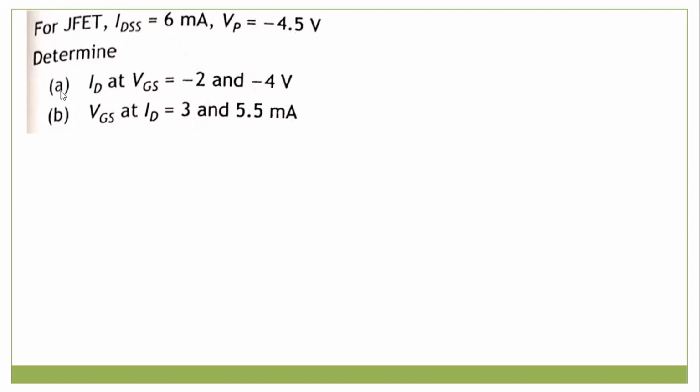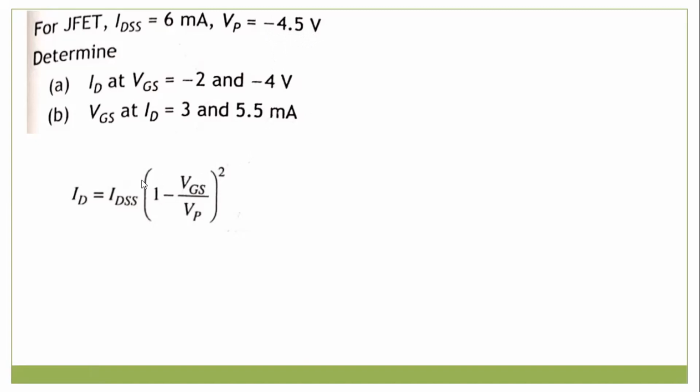First, I will proceed with the first part, that is finding the ID with the known VGS. Now, I know the Shockley equation: ID is equal to IDSS into (1 minus VGS divided by VP) whole square. We know the IDSS value is 6 milliamps, I'm considering VGS as -2 in this case, and the VP value is -4.5.